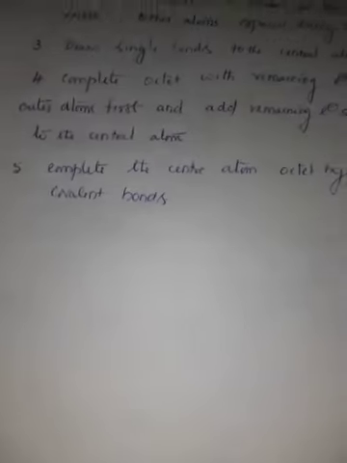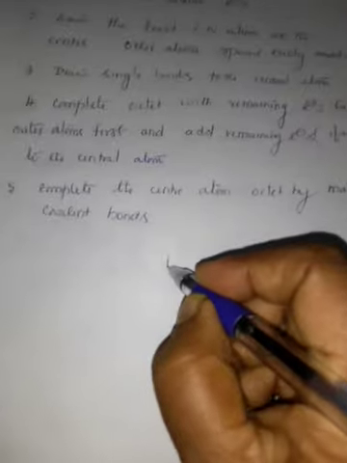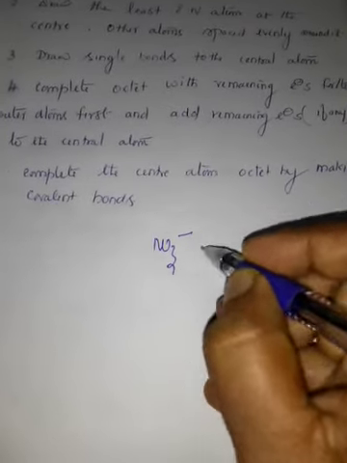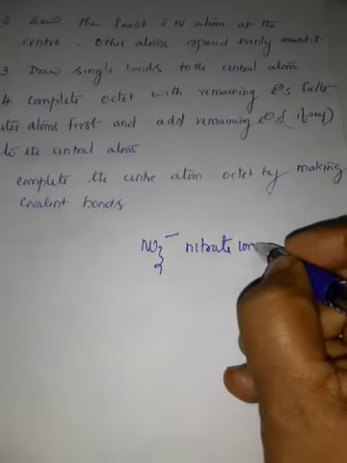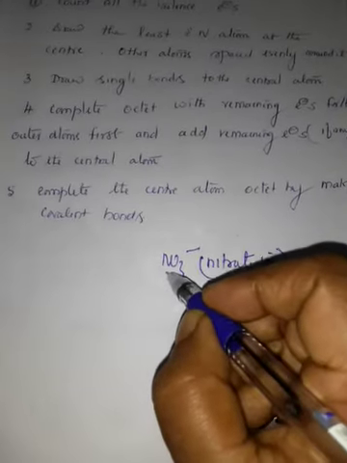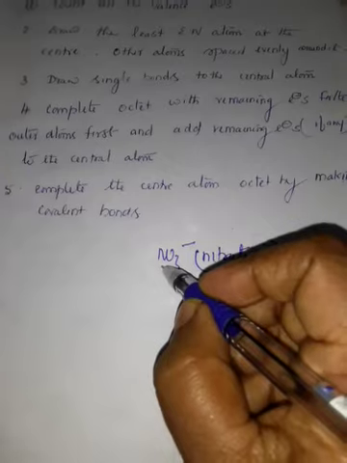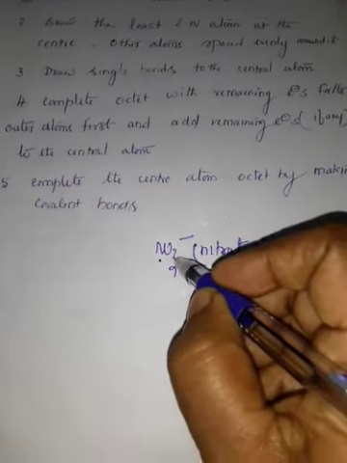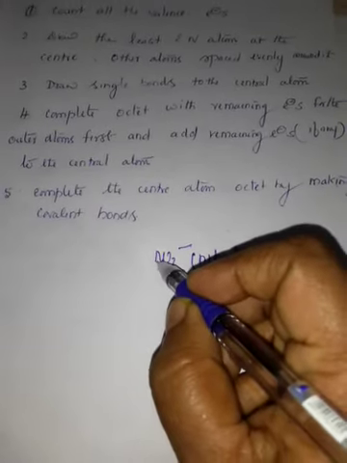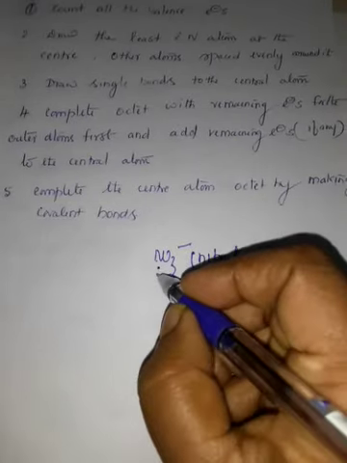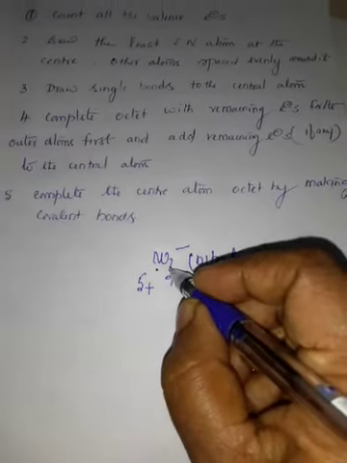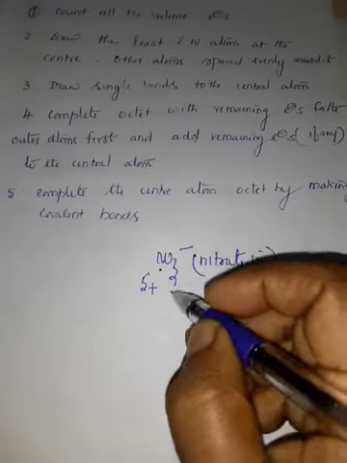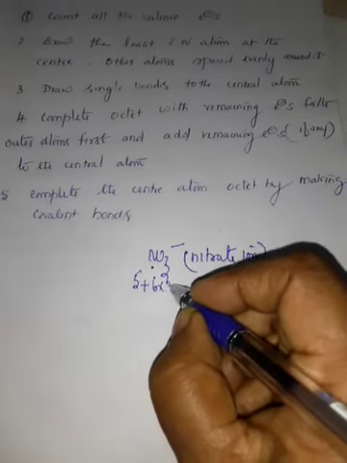Now I will show an example. Take the NO3 minus ion, that is nitrate ion. Nitrogen atomic number 7, oxygen atomic number 8. Outermost shell: nitrogen has 5 electrons, oxygen has 6 electrons, and there are 3 oxygen atoms, so 6 into 3.